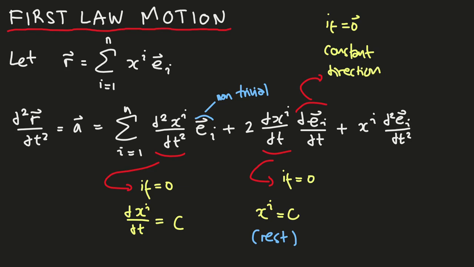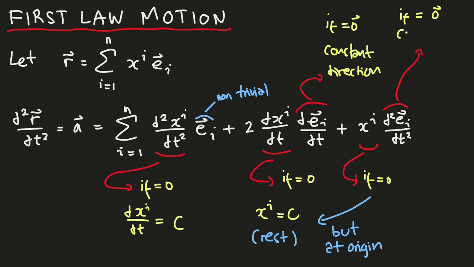So we have a basis that does not change direction along the motion. Next, if each component is zero, that means the object in our physical system is resting at the origin point. And the last one, if we take the second derivative of the basis equal to zero, then simply the first derivative is a constant with respect to time.